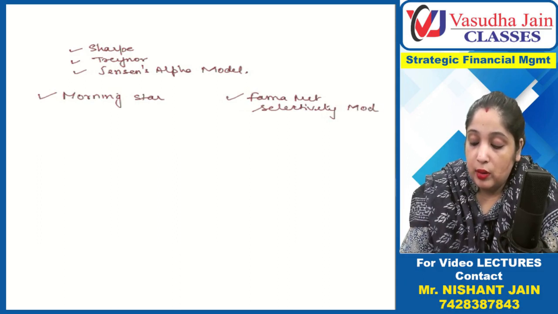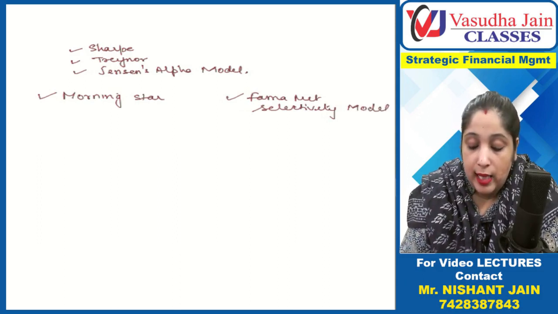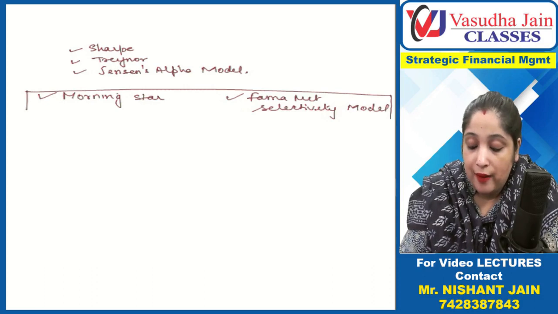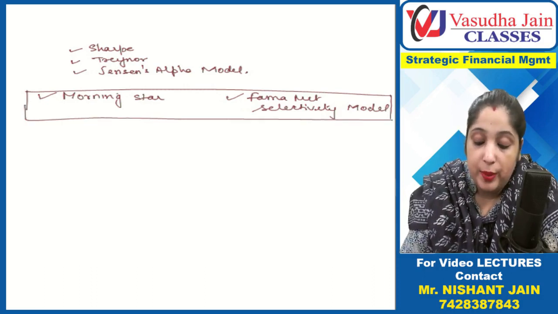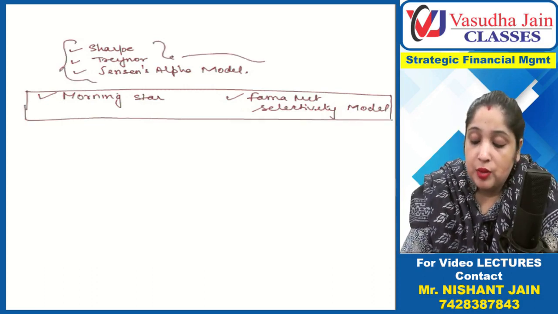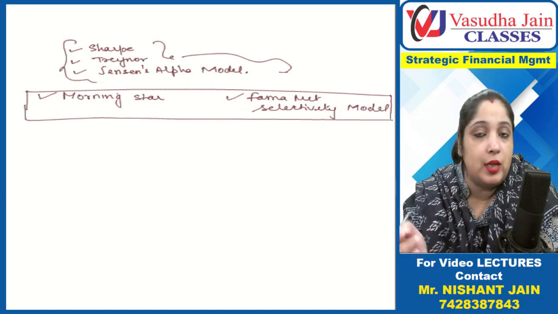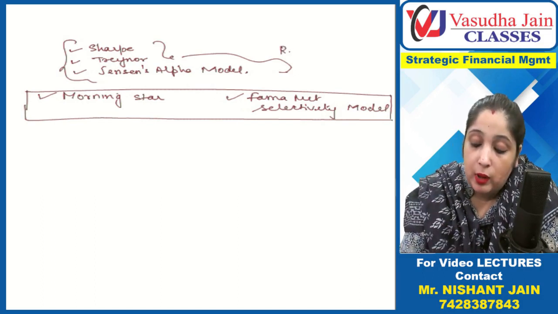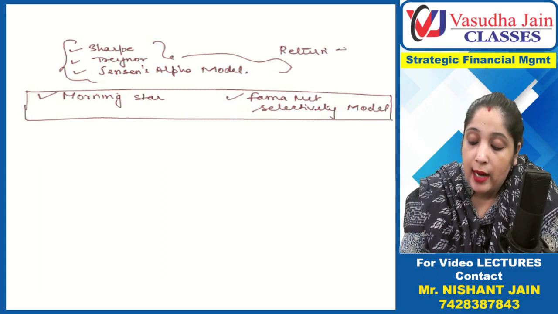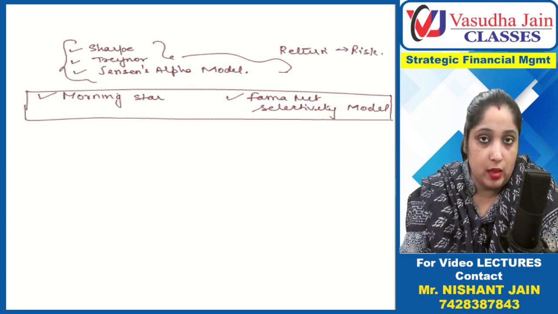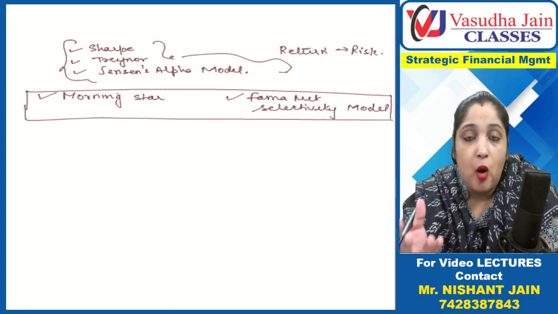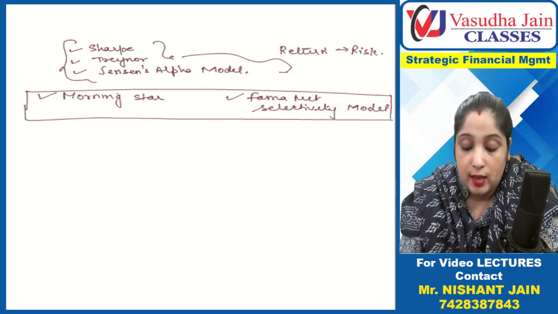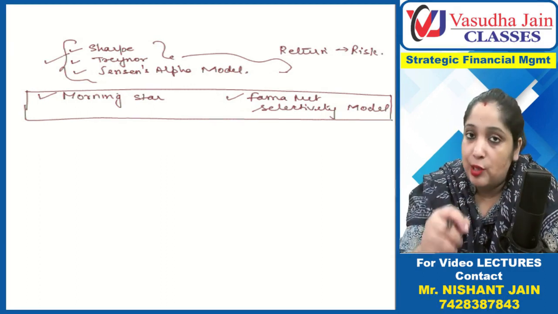They have a different approach compared to these three models. These three models were talking about risk and return. They were talking about return and comparing it with the risk. So we were talking about how much reward we are going to get per unit of risk. That is what was discussed in these three models.